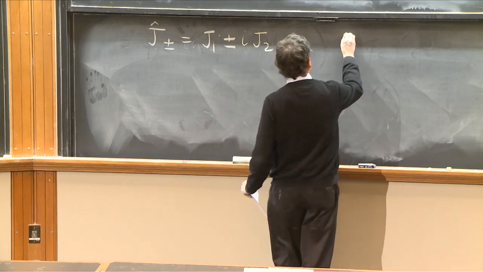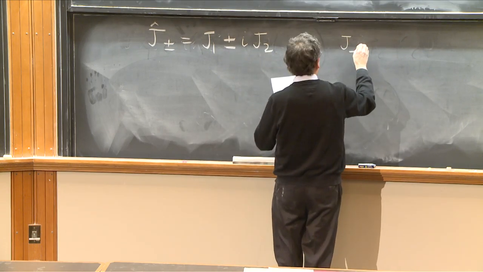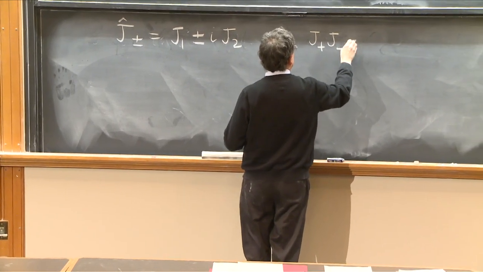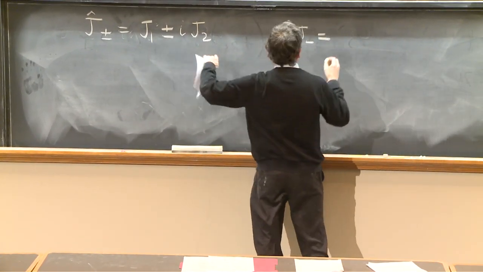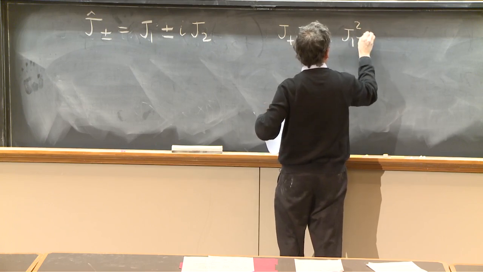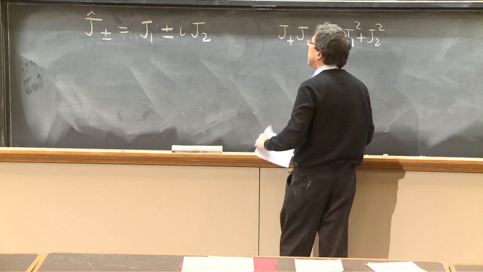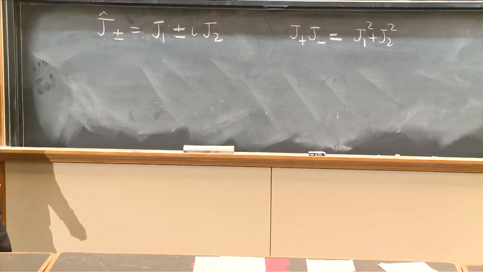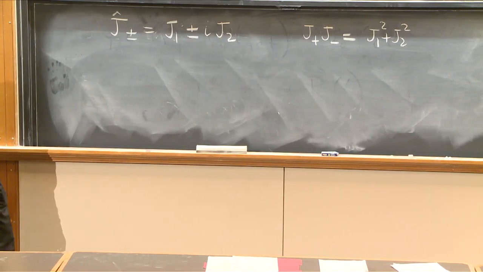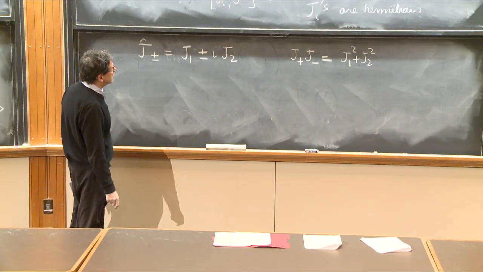Then you calculate what is J plus J minus. Well, J plus J minus will be J1 squared plus J2 squared, and then you have the cross product that doesn't cancel.